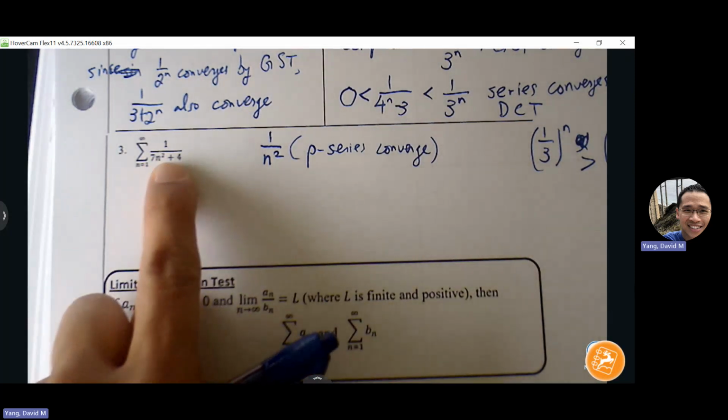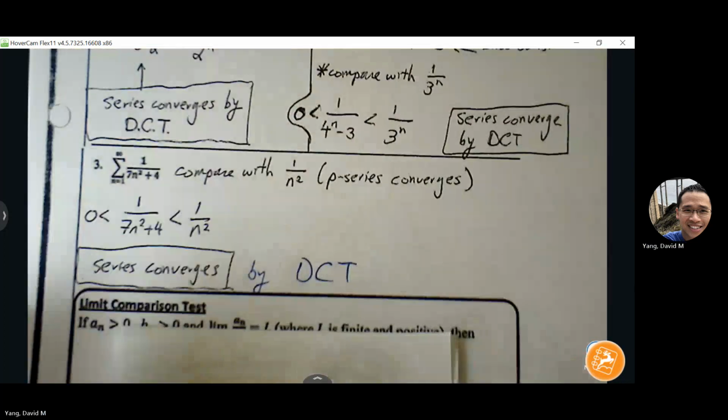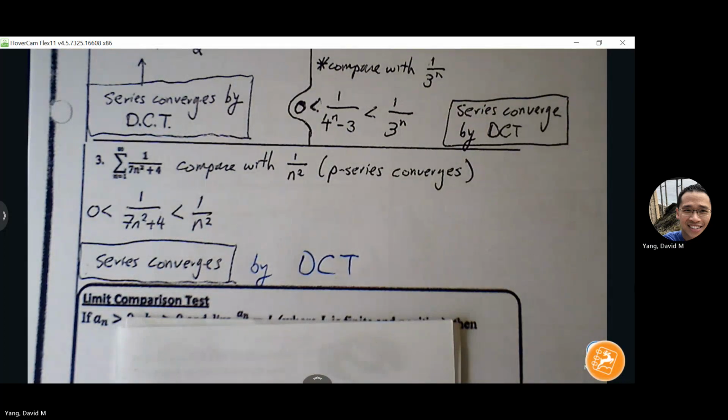Is this larger or smaller? Smaller, right? So this one is a good fit for a direct comparison test, or we can make a strong argument with the direct comparison test, because we have a smaller series compared with a larger converging series.